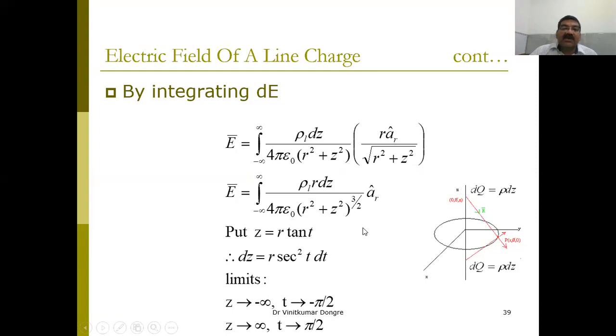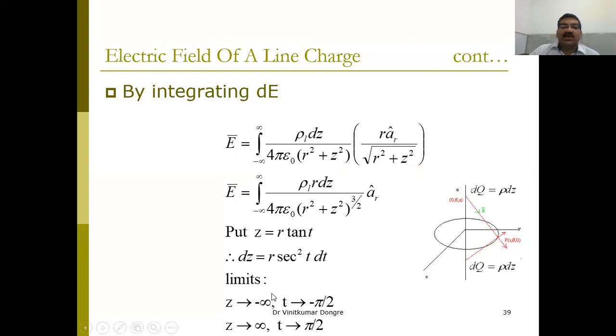Now the integration we have to do in a simpler manner. So put Z equals R tan t. This is a method of solving the integration by substitution, nothing great. You people have done this previously. So dz: you just do the differentiation, and the differentiation of tan t is sec square t dt, R remains as it is. Now how will the limits change? Z is from minus infinity to plus infinity.